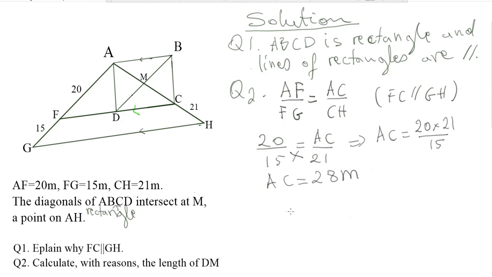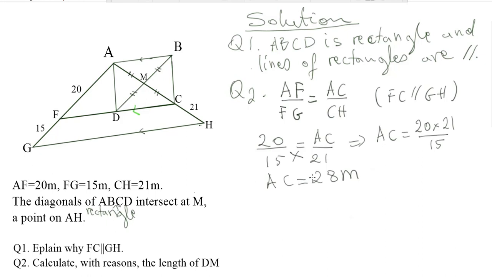All right. So now, what comes next? How do we find DM? Remember, we found already that AC is equal to 28. So what is the distance over here? Remember, the diagonal is equal to this. M is a midpoint, so here will be equal, here will be equal.